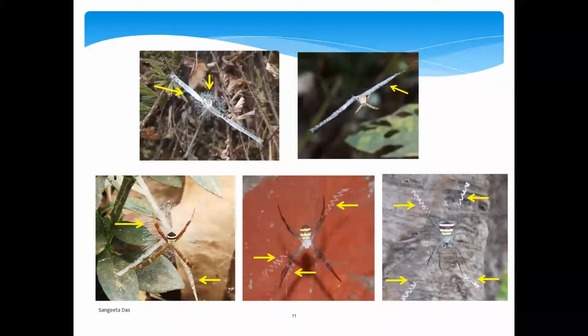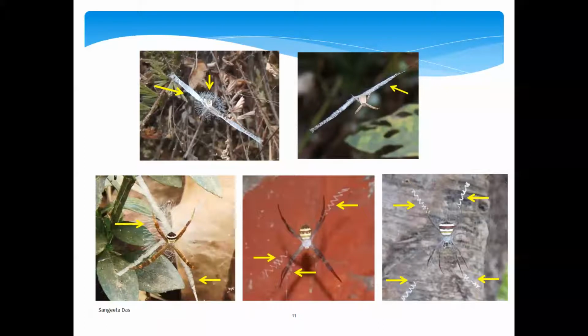Then the fourth picture gives us an adult Argiope pulchella, which makes a stabilimentum with two discontinued arms, actually 3 arms. So it is not that all the arms will always be positioned in an egg-shaped manner. And the fourth one gives us the egg-shaped pattern, but it is discontinued.